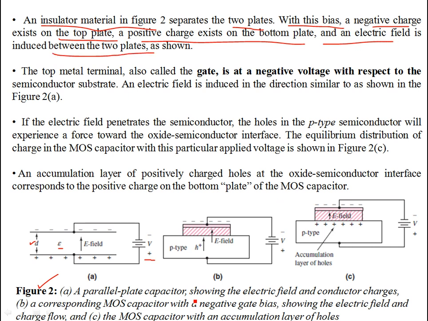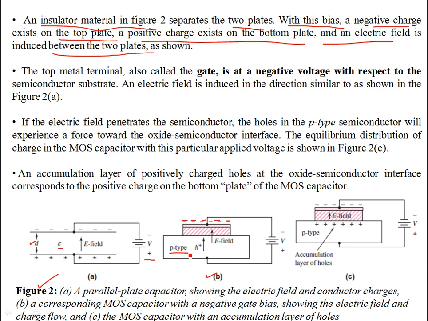This refers to figure 2b. Here the metal plate is getting the negative charge, and on the bottom plate the positive charge exists because this is a p-type substrate.